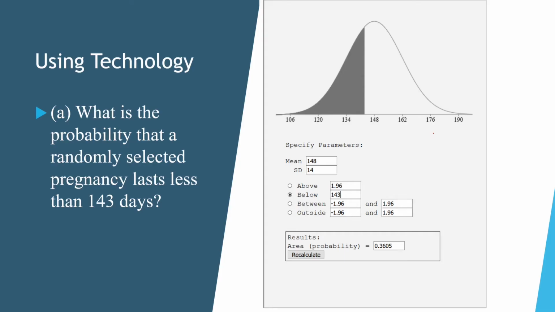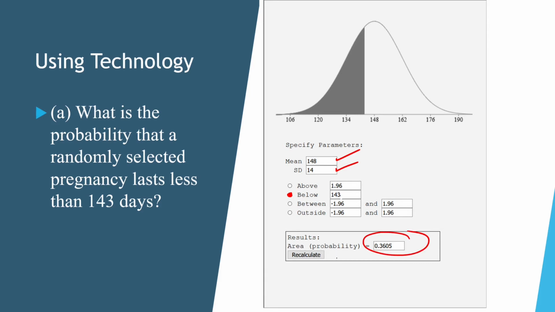In part A, I enter the mean of 148, the standard deviation of 14, and I want to select the below option and enter 143. Now, we have our solution: 0.3605.